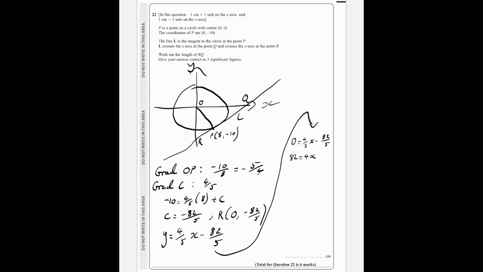We can add 82/5 to both sides, times both sides by 5, divide both sides by 4, and we get x equals 41 over 2, or 20.5. That gives us the coordinates of Q, and that gives us two sides of a right-angled triangle, OQ and OR, so we can plug in Pythagoras to find the distance between them, and it comes out as 26.3 once you've used Pythagoras.